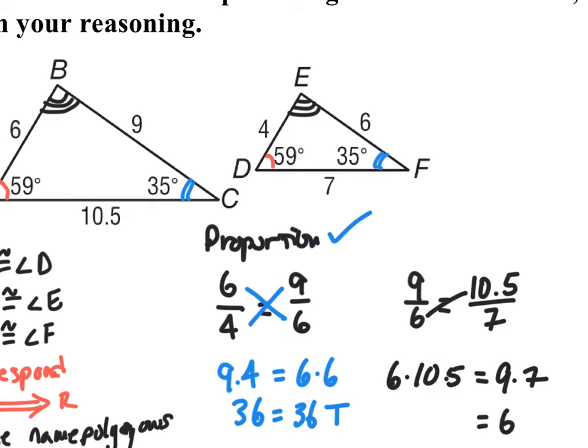Well, 9 times 7 I know is 63, but 6 times 10.5 is also 63. That's a true statement, so I know that all three sides are proportional. You do need to set up two proportions when you do this at least, especially with triangles. With a quadrilateral or a pentagon, it might be a little bit different, but that's the idea.